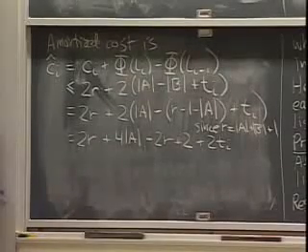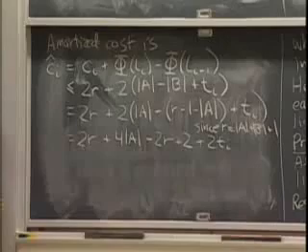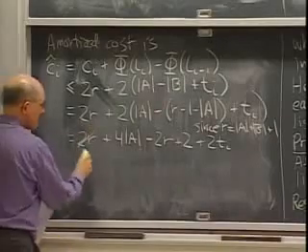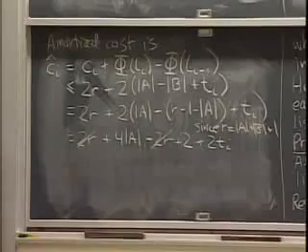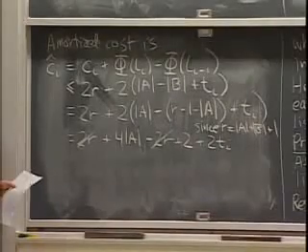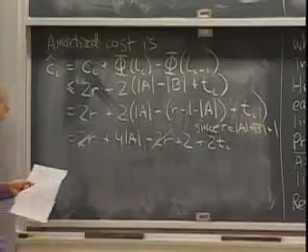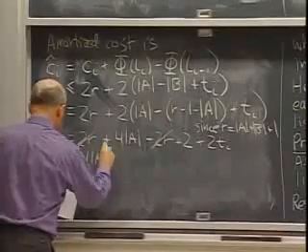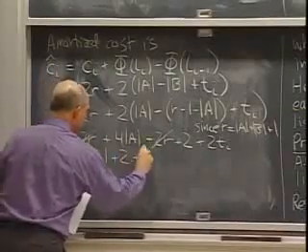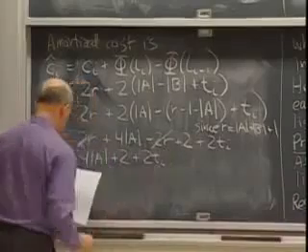What variable did we get rid of? r. Didn't matter what the rank was as long as I knew what the number of inversions was here. Okay? So that's now equal to 4a plus 2 plus 2t_i.